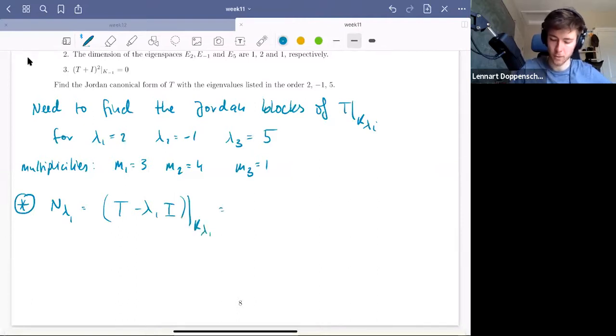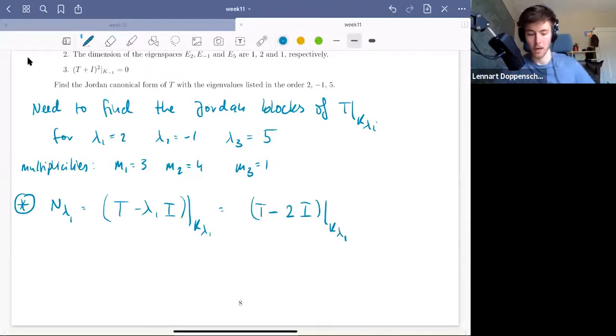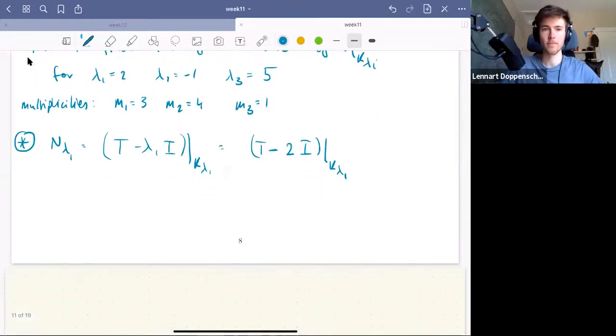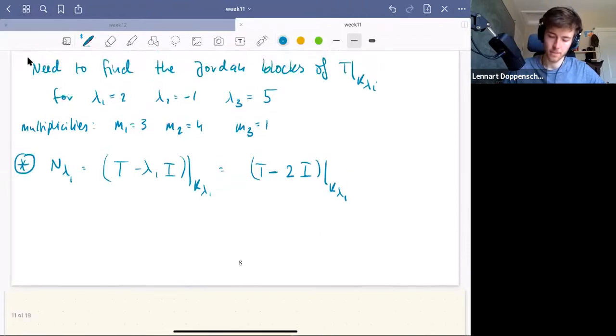But lambda 1 is just 2, so we really have T minus 2I restricted to K lambda 2. Yeah, we keep calling this K lambda 1. Okay, and then this is a cycle tableau. That's the way that we get the canonical form. That's a question.